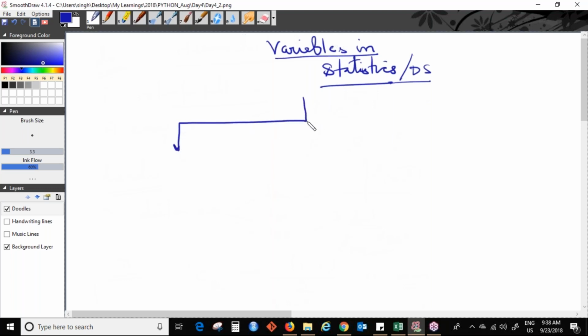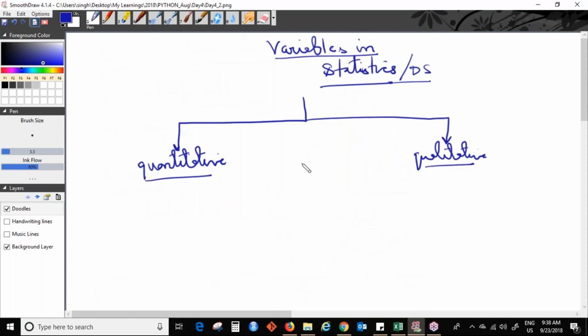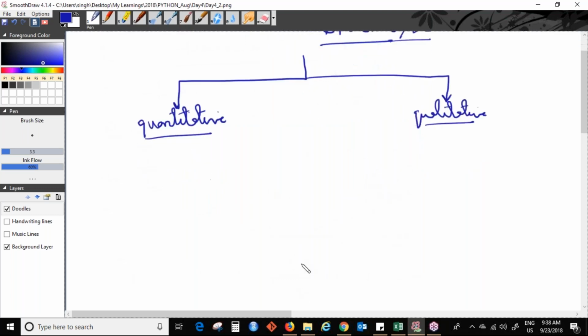Variables are broadly divided into two types. One is quantitative and one is qualitative. As the name suggests, quantitative variables are represented by numbers. Qualitative means these are not numbers.